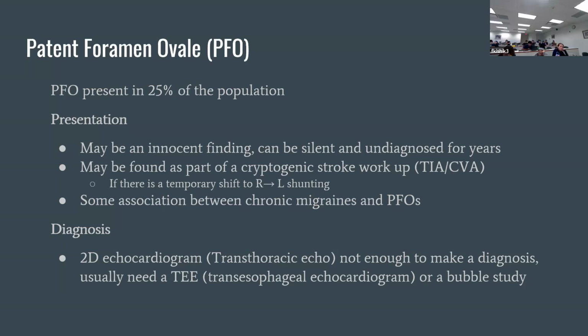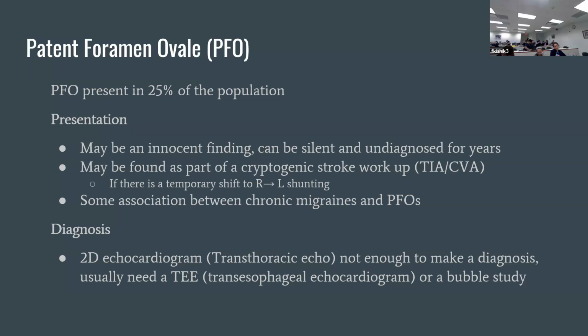If it's a closed circulatory system, the right side of the heart shouldn't be mixing with the left side of the heart. However, if there's a PFO, a communication between those sides, that clot could very well move up to the heart and travel over to the left side and cause an embolic stroke, if there's temporary right to left shunting.